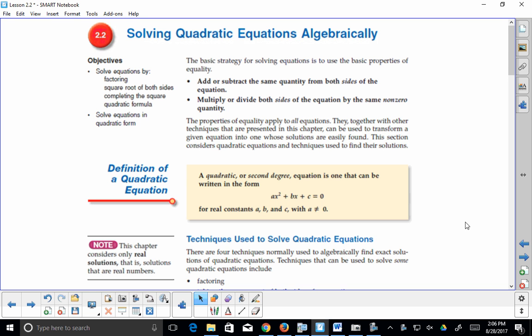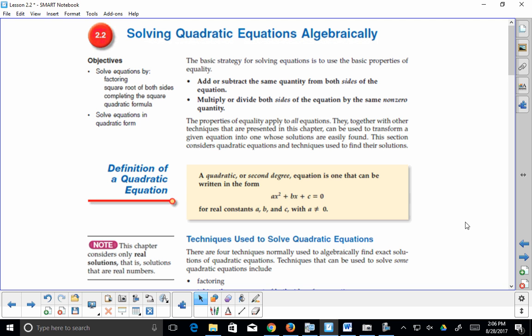Lots of times in the past I've not had calculators necessarily handed out yet, so it's easier to do these at home without it. So, all right, solving quadratic equations algebraically. We're going to be looking at factoring, completing the square, and the quadratic formula today. A reminder that a quadratic equation is in the form ax squared plus bx plus c equals 0.